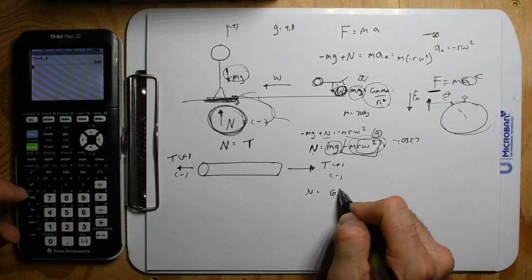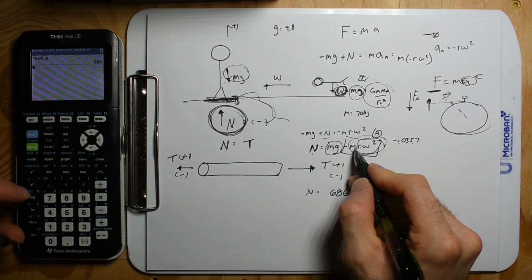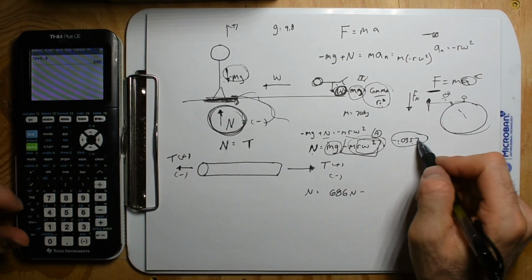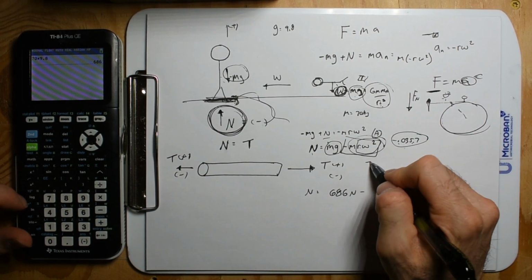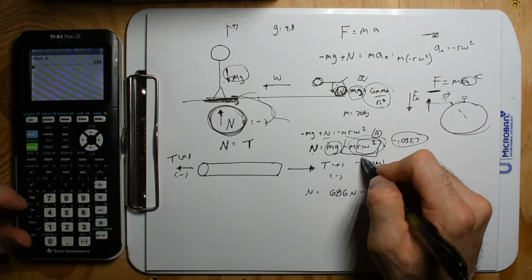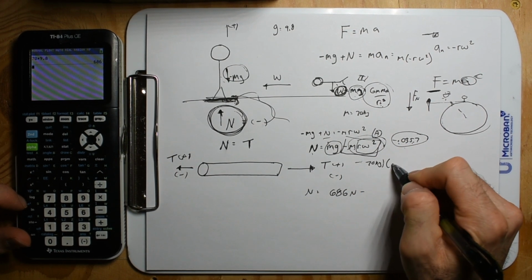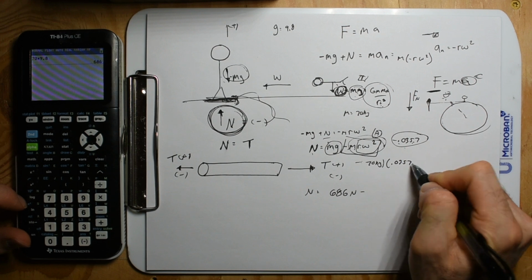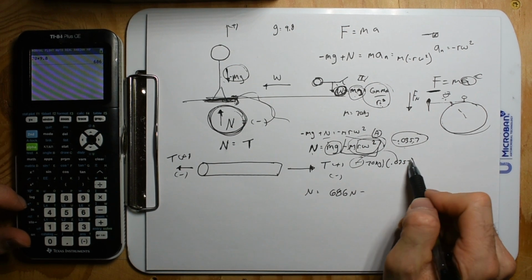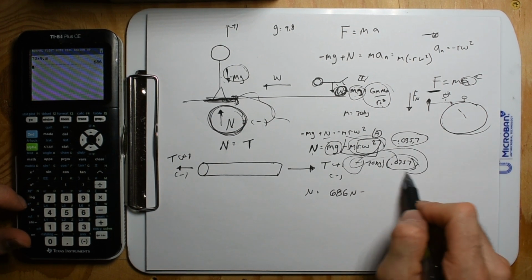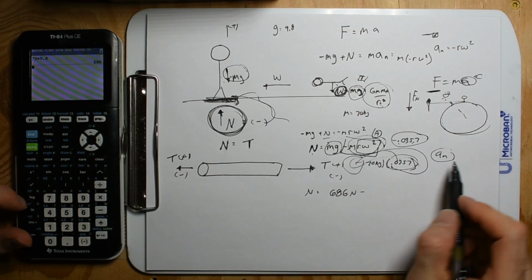So our newtons is 686 newtons minus this acceleration times 70 kilograms, negative 70 kilograms times 0.0357. This negative is associated. Those are all one number. That's the acceleration in the normal direction.